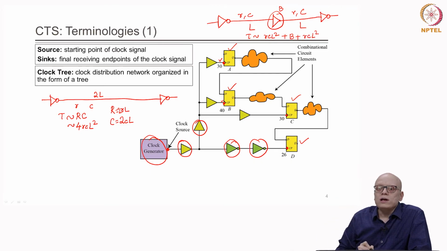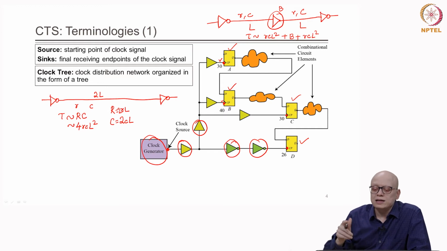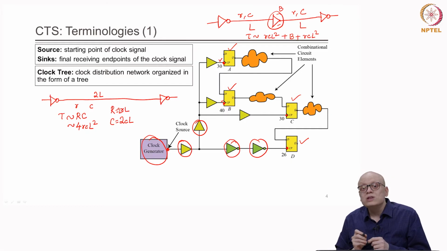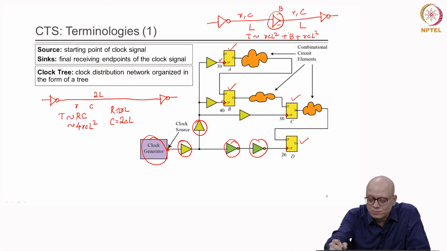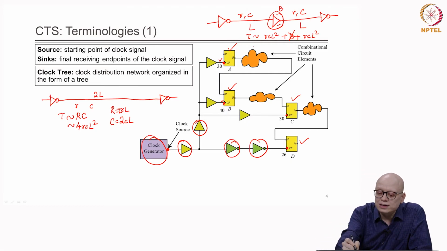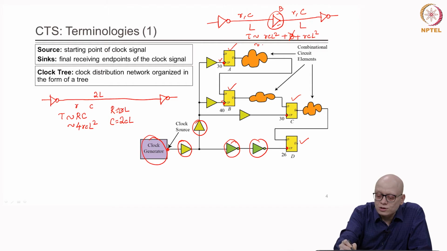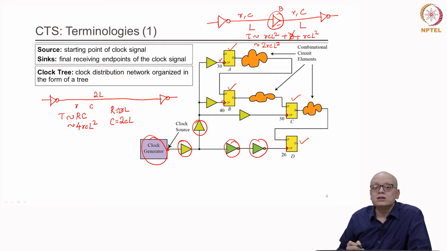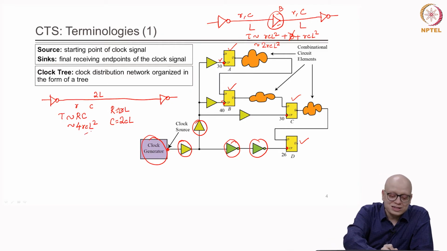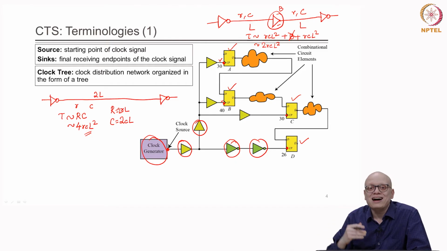Now, if we assume that the buffer delay is very small compared to the wire delay, we can neglect this term, and the total delay in this second circuit will be approximately 2 times RC L square. Now, if we compare with the original circuit, it has reduced by half.